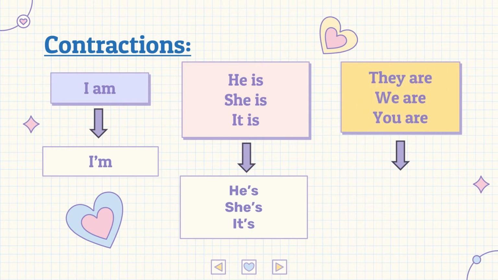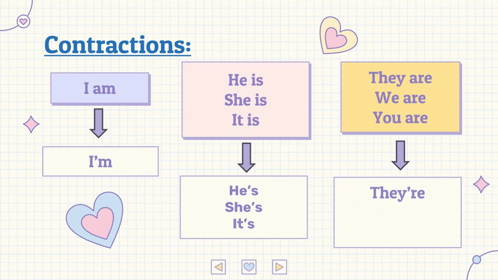And finally, they are, we are, you are. Instead of saying they are, we are, you are, we can say they're, we're, and you're.